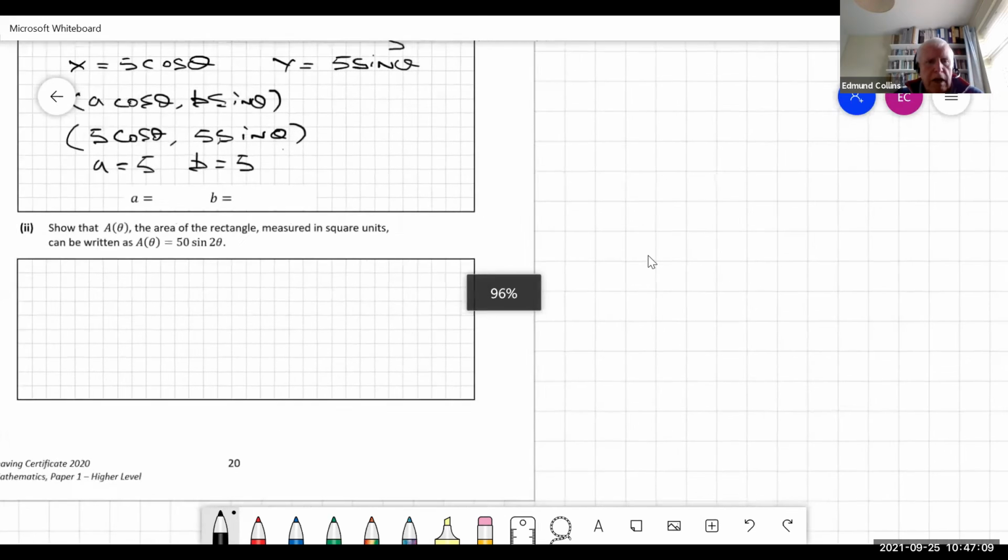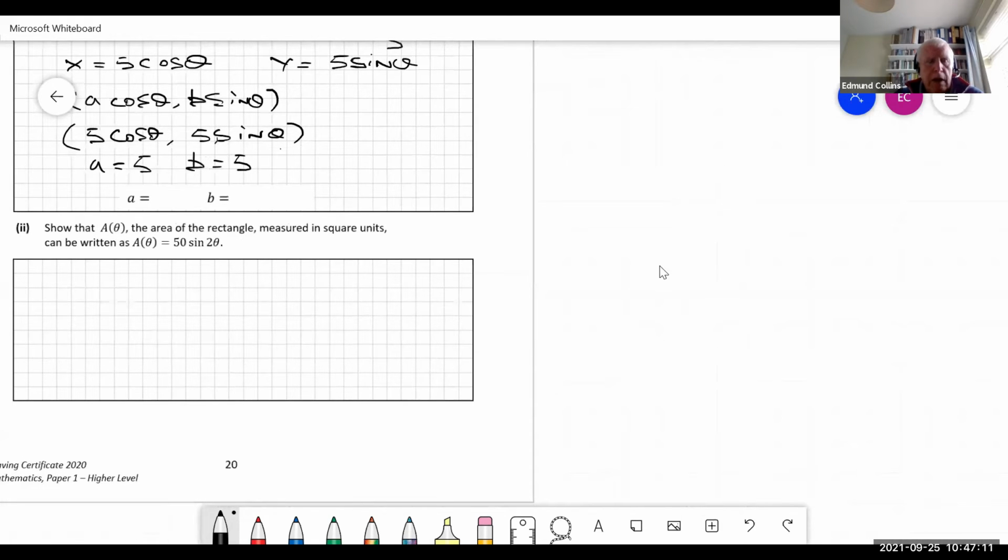The next one is built on the first question. You often find that you work through one part and then the second part will use data that you found in the first part, and this is the case here. So show that the area, so they're giving the area in terms of theta.